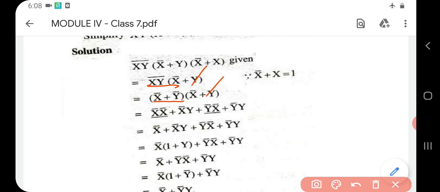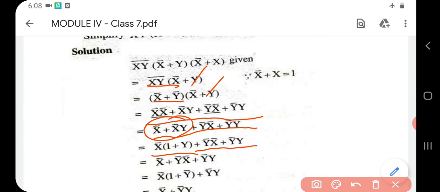Now you are opening the brackets and expanding. Then finally x bar dot x bar is equal to x bar itself. Then all these terms are kept as such. Then finally here x bar is common, it is taken outside, the rest is kept as such.